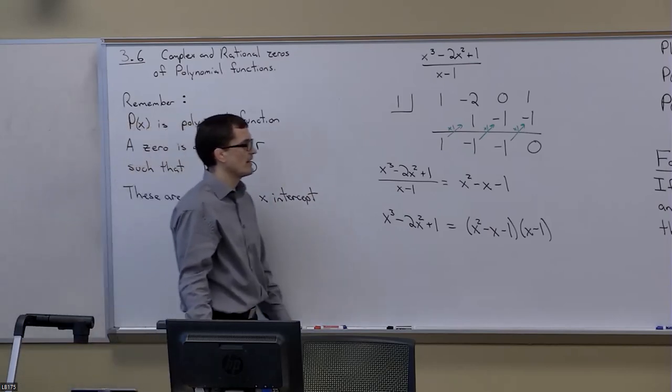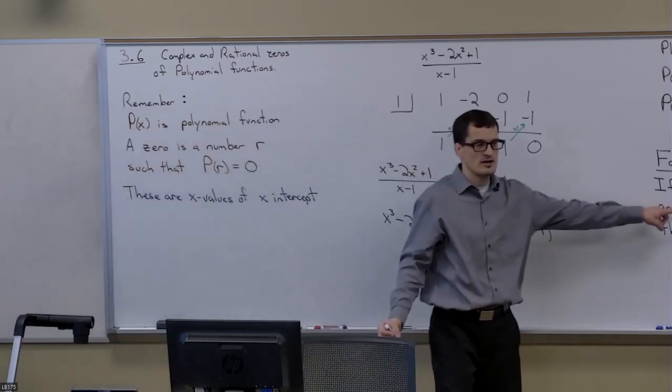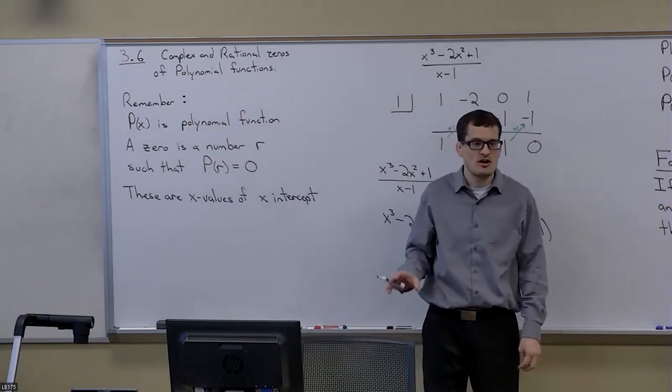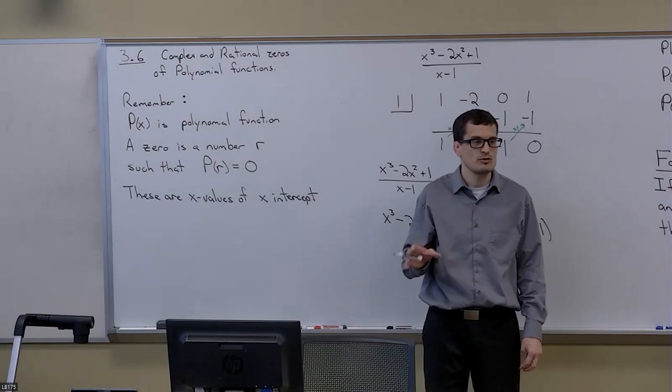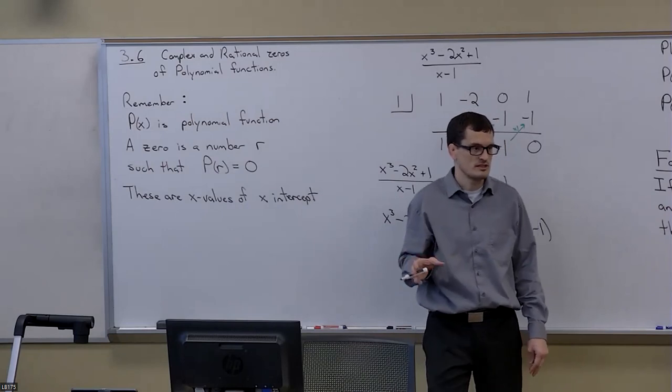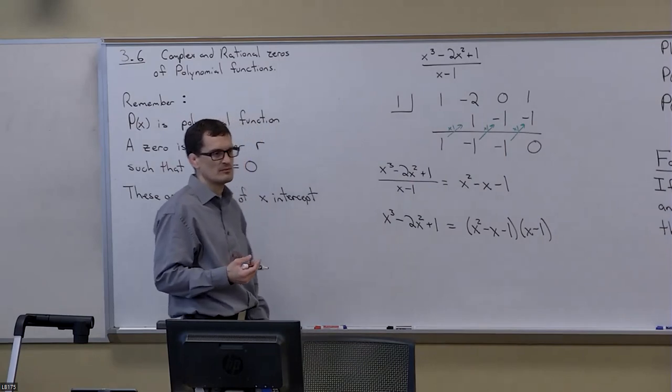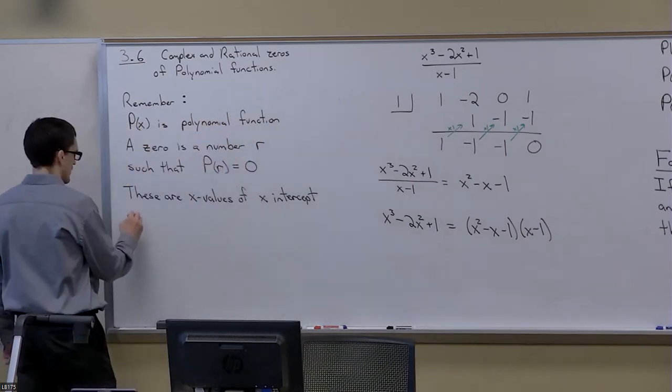Now you might say, well, why do we keep using the letter R here, lowercase r? These zeros are also sometimes called the roots of the function. And that's where the lowercase r language comes from, right?